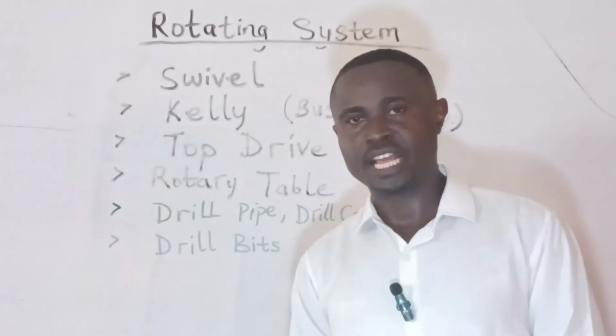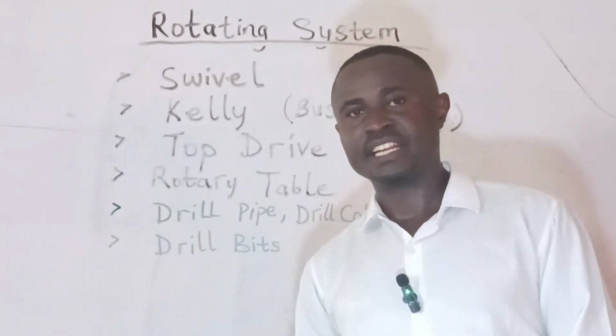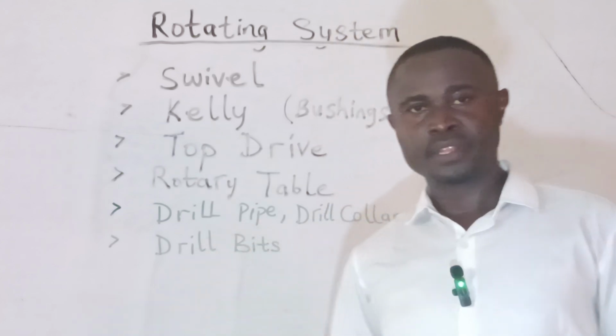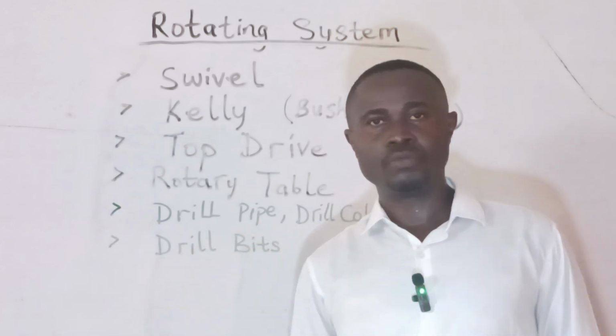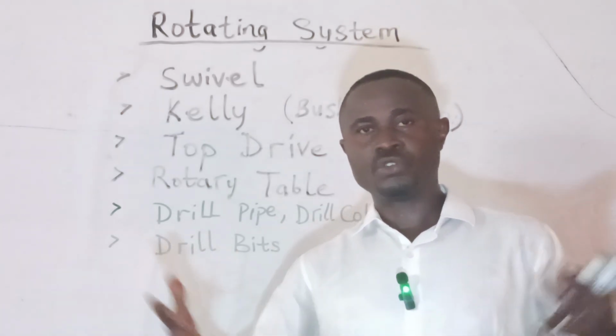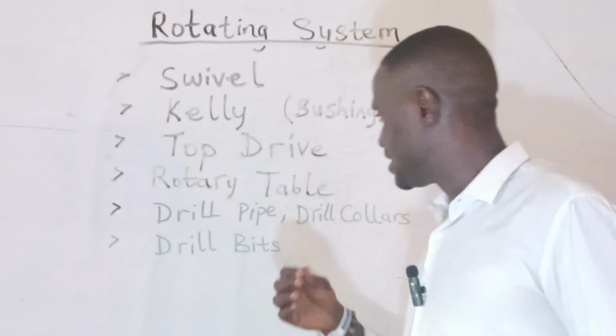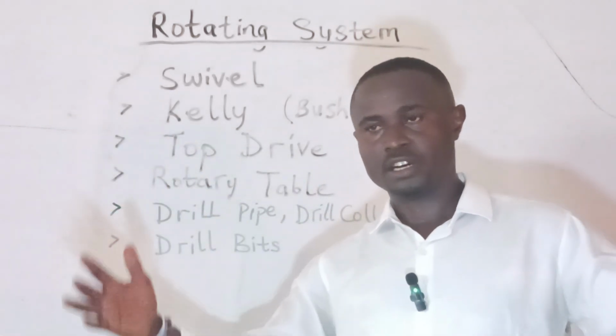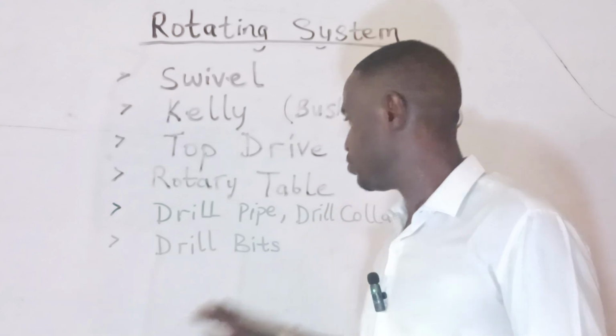And when you get further down, you can have 9 5/8 and 8.5 inch diameter drill bits. That will give you the size of hole that you need, so you can run your casings and other downhole well completions that you have to carry out.